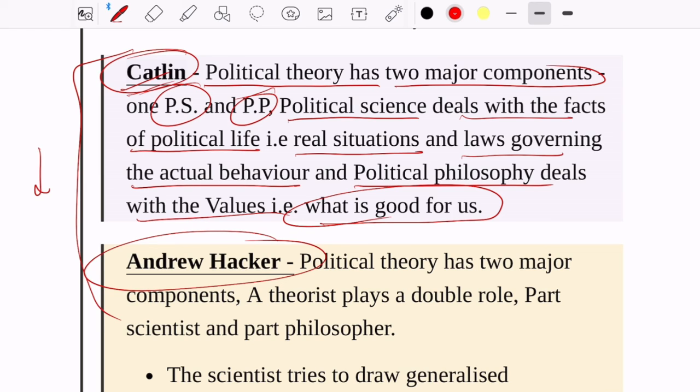We will discuss political science in very detail, and when we discuss Plato's theory, then we'll discuss political philosophy, because he was considered the father of political philosophy. So we will look into that in very detail at that time.